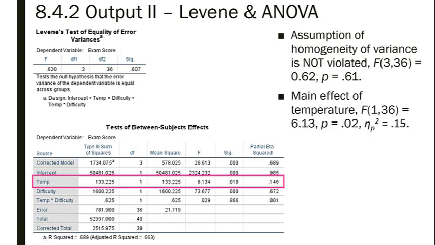And what we can see from that is that there is a main effect of temperature. So that's the one that I wasn't sure about. We've got an F ratio of 6.13. We've got 1 and again 36 degrees of freedom with a p-value of 0.02 and an effect size of almost 15%, 0.15.